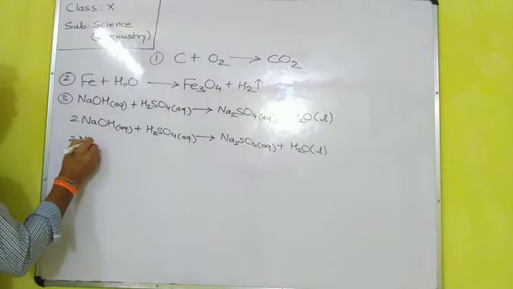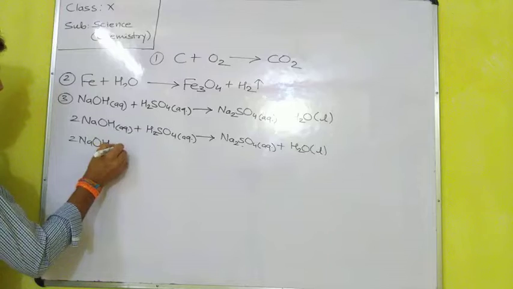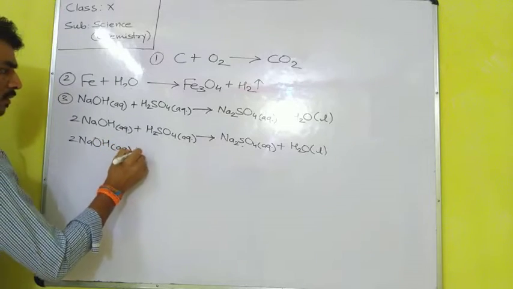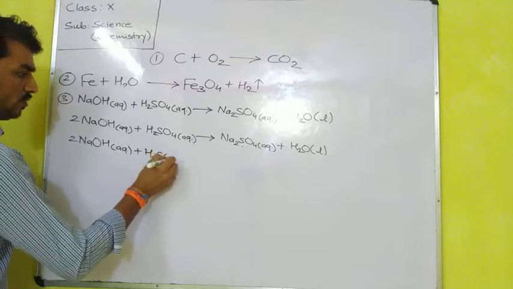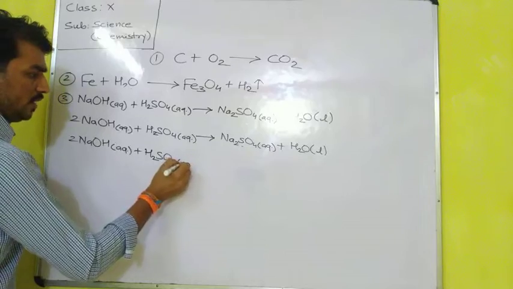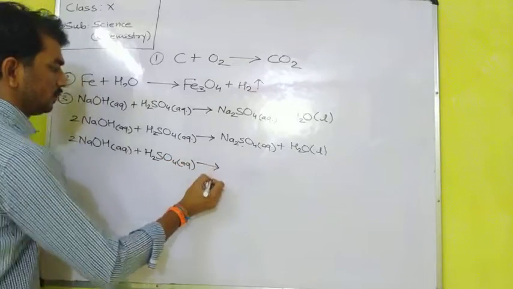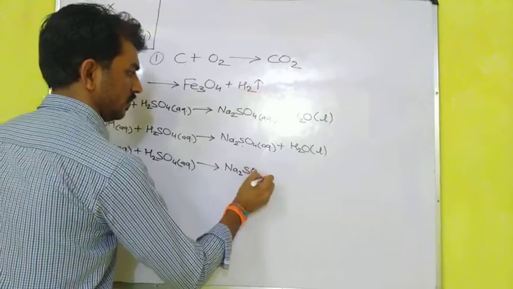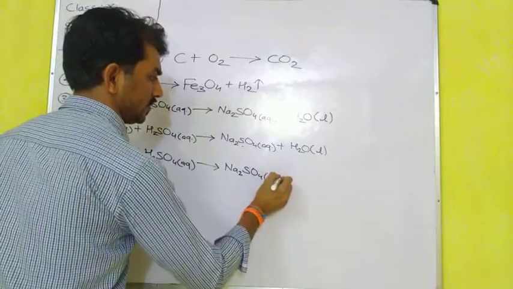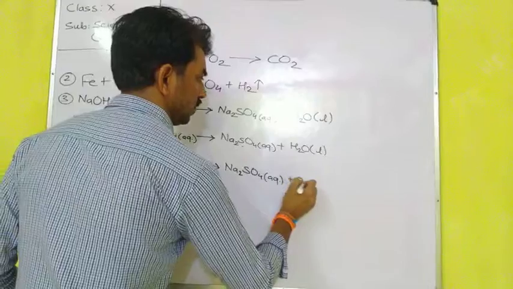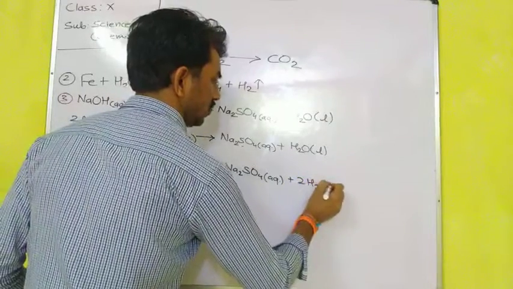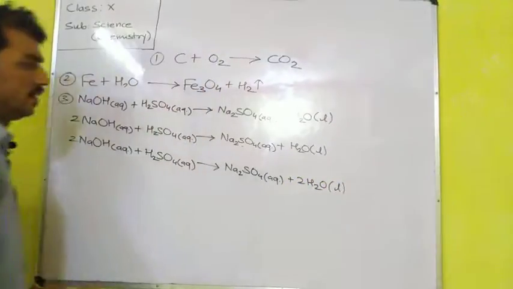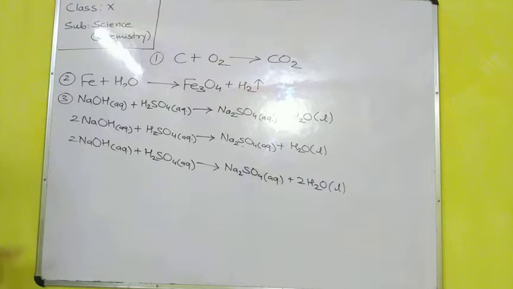So 2NaOH aqueous plus H2SO4 aqueous is equal to Na2SO4 aqueous plus 2H2O. So now the oxygen is balanced.